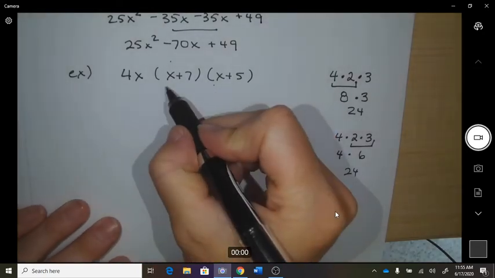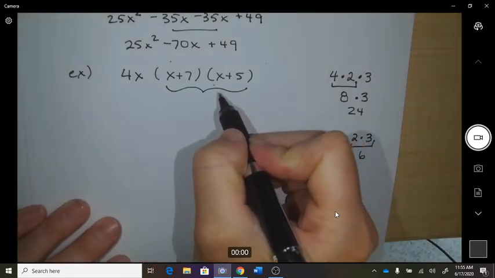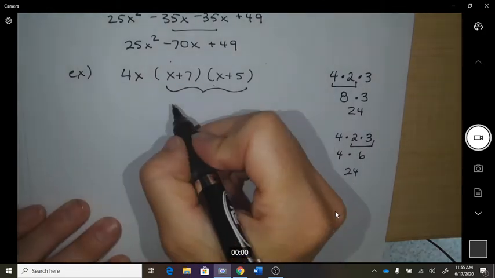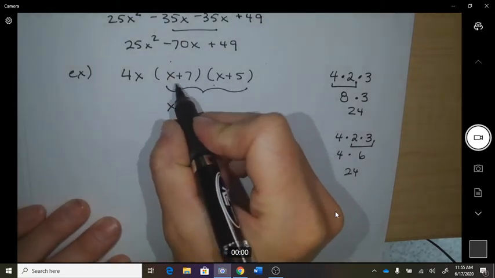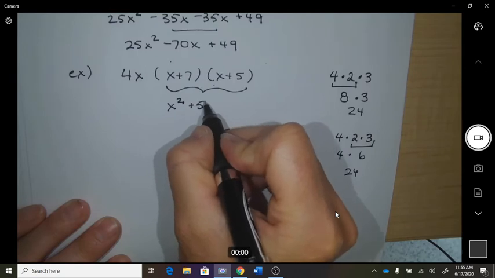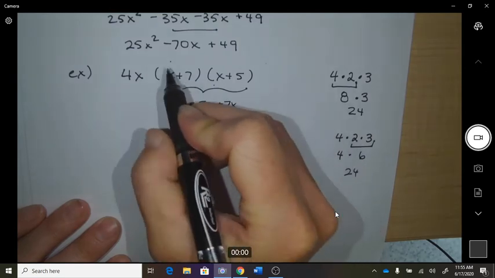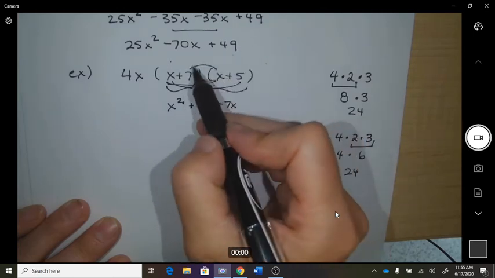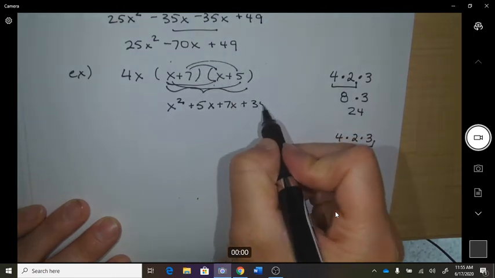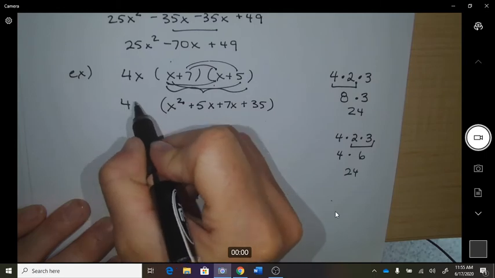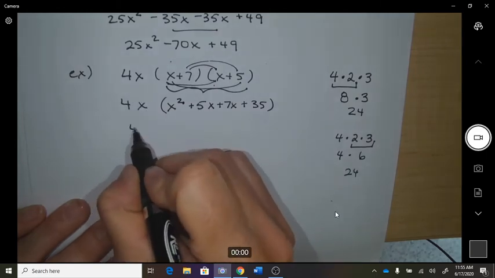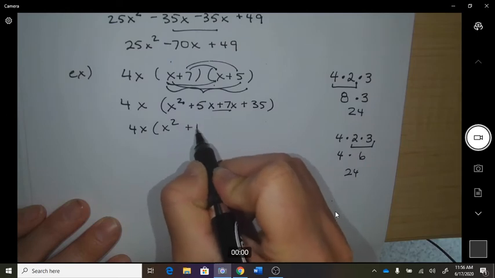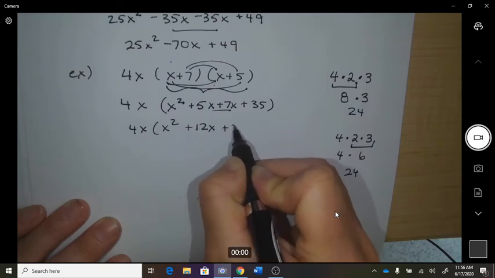So I want to multiply those two first. I feel like that's going to be easier. Okay, so x squared plus 5x plus 7x. So first, outside, inside, and then last. Now I'm going to simplify this with those two being 12x.